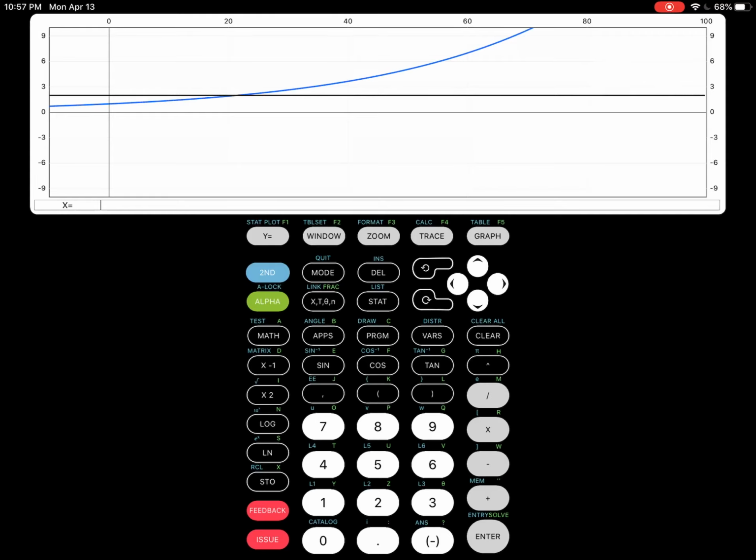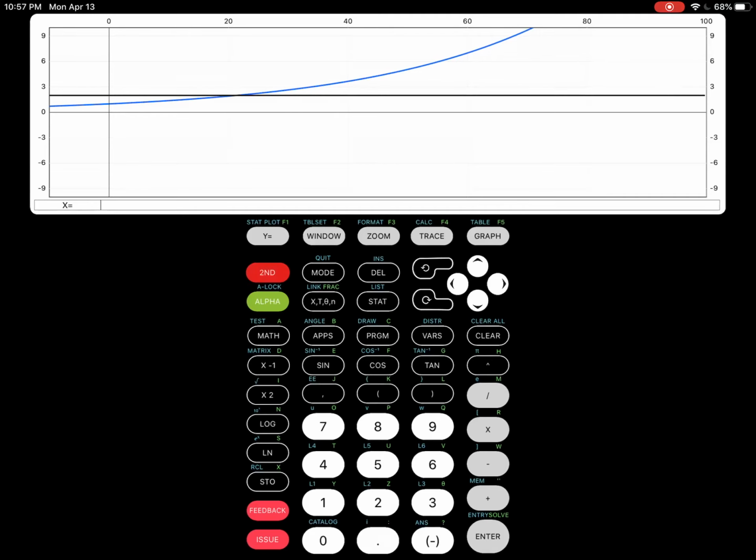This graphing calculator is on my iPad, so it's going to look a little different than yours. But as you can see, it's got a logarithmic function, that curved line, that's your y1, and then the horizontal line at y equals 2. Okay? So the way you solve this is by finding the intersection.